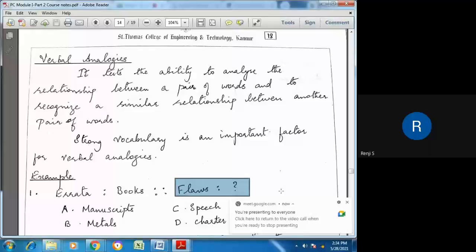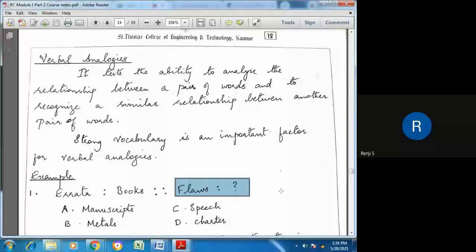If anyone knows the answer, you may just type. Flaws is related to manuscripts, or speech, or metals, or character. Which word has the same relationship as errata is to books? Fatima, speech. Anybody else? Akshara says metals.